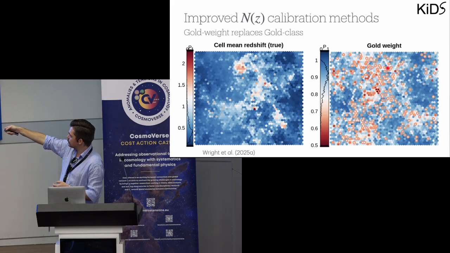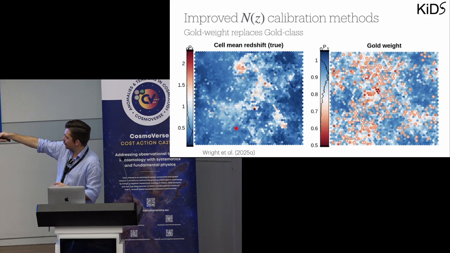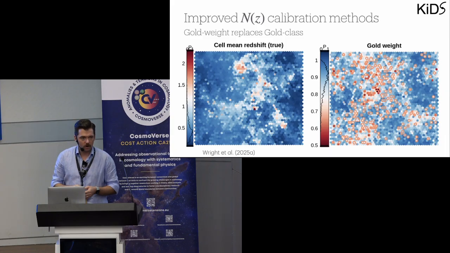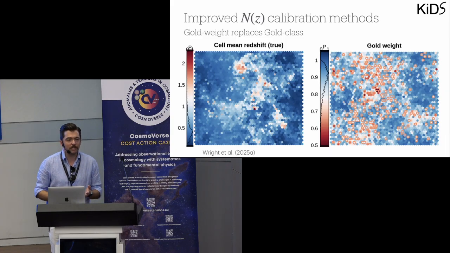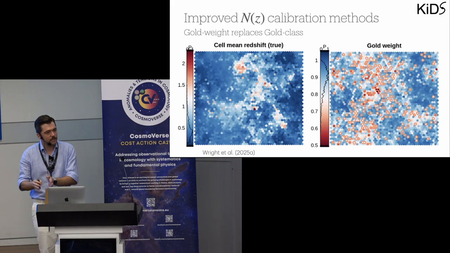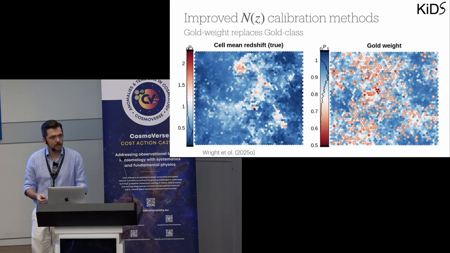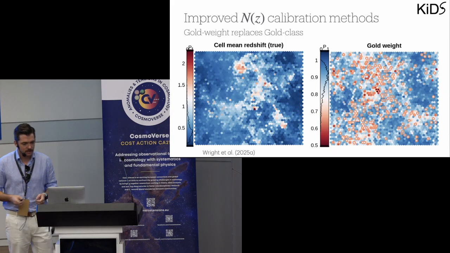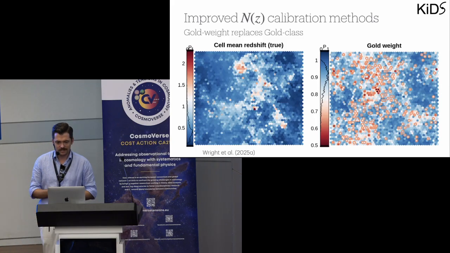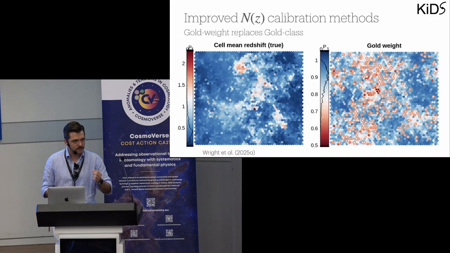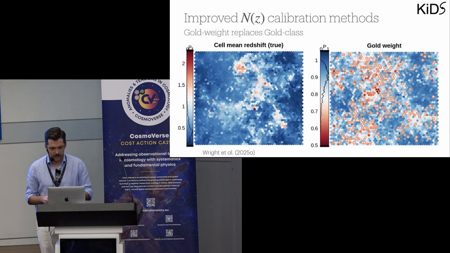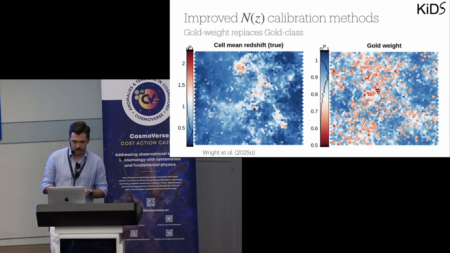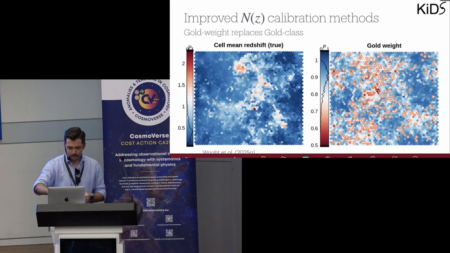So there are patches here where there is lower coverage, which follows the expected redshift areas of the redshift axis of the self-organizing map. Said differently, that means that the gold weight is reflecting accurately that there is systematic incompleteness in the redshift calibration sample, in a way that gold class was doing only approximately and in a very noisy way. This is one of the main improvements that we have made.